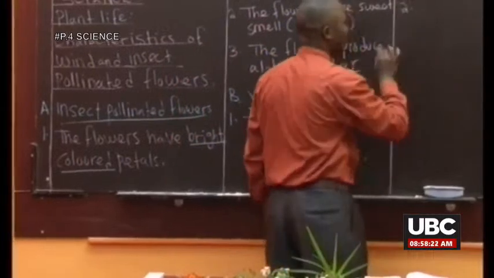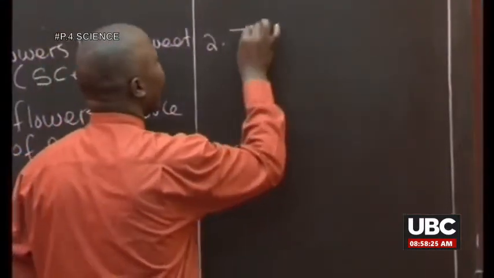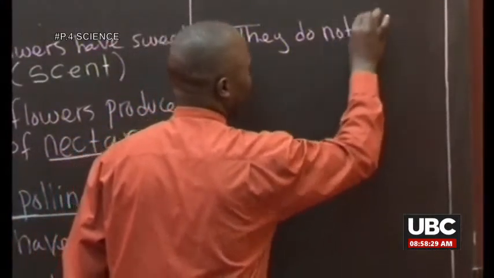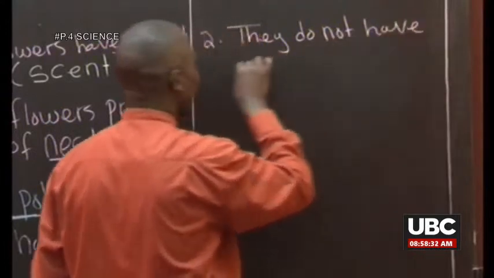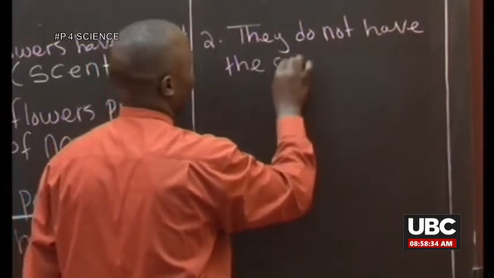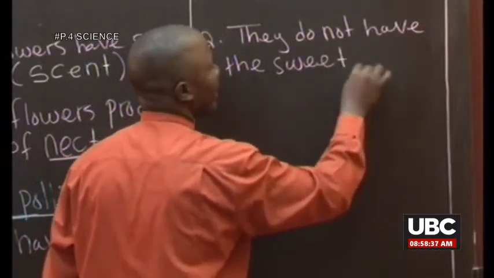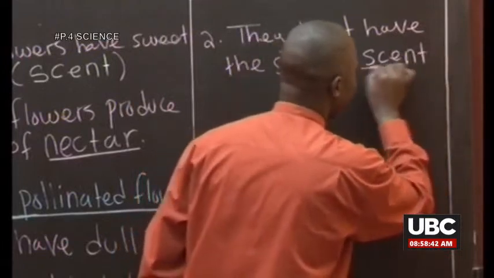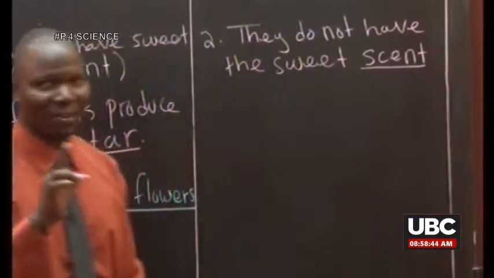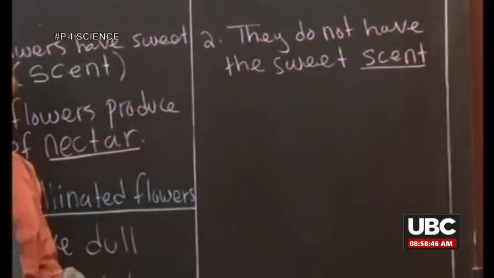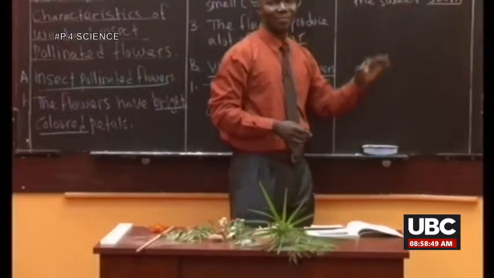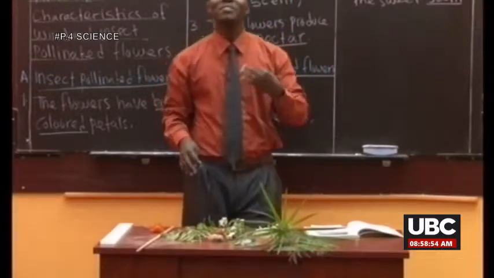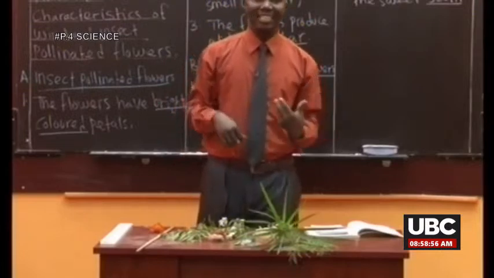So our number 2 is, we say, they do not have the sweet scent. This time I'm going to write the word scent. I'm not writing smell because I want you to be good science children. When I write scent, I'm talking about smell. So they don't have the sweet smell to attract the insects.